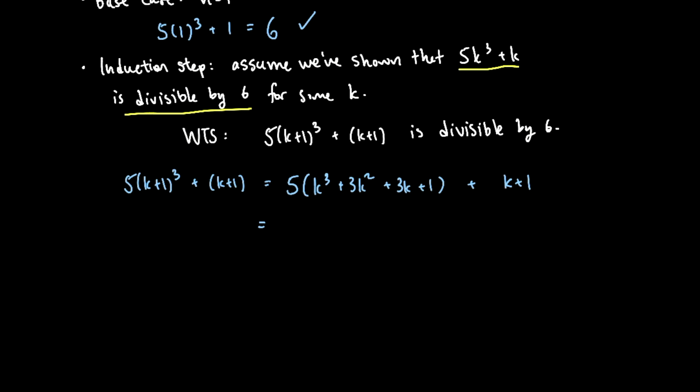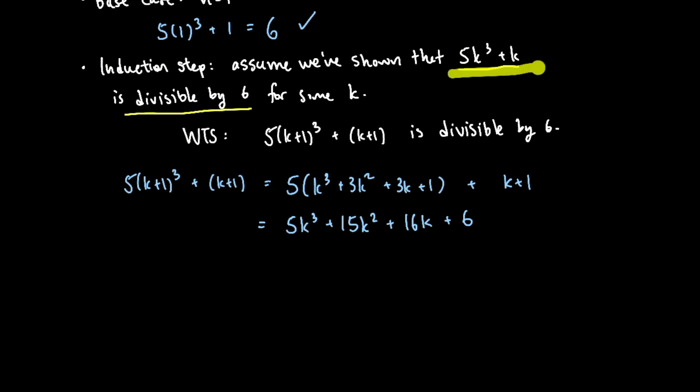Okay, and expanding this, distributing the 5, I've got 5k cubed plus 15k squared plus 5 times 3k plus another k here. So that's 16k. And then I've got 5 times 1 plus another one here. So that's 6.